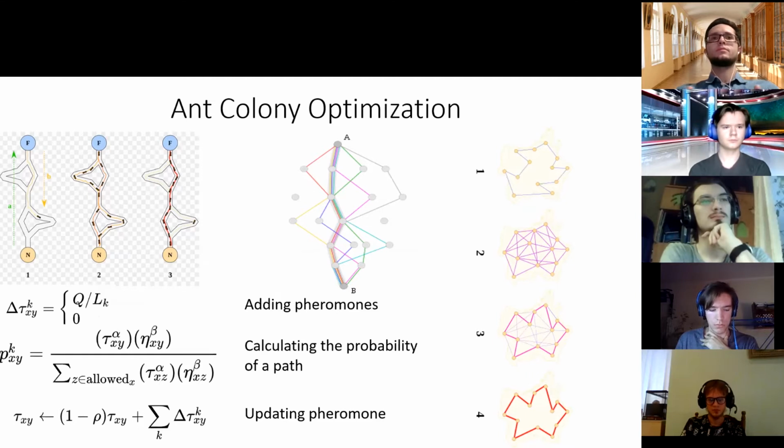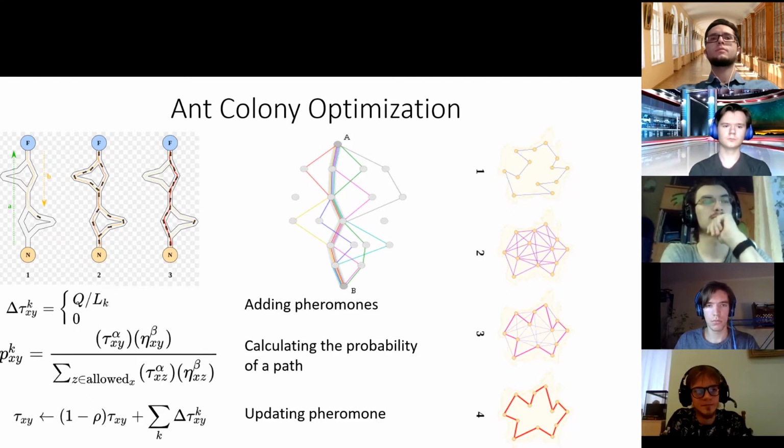Each ant looks for food and leaves a track of pheromones on the way back. Pheromones attract other ants. So when an ant chooses where to go, it's guided by the distance to the target and by the trail of previous pheromones.